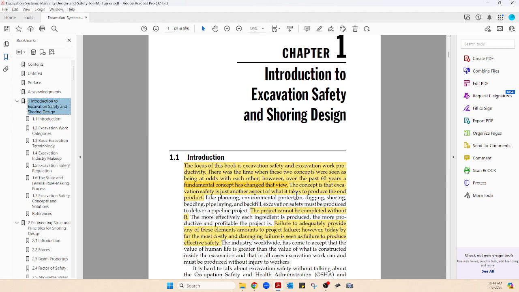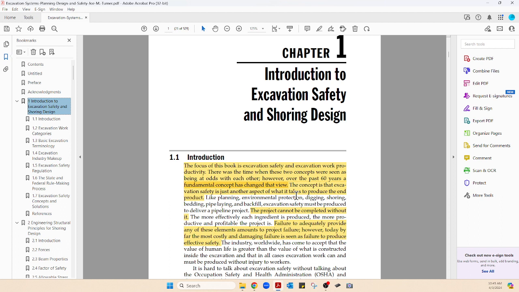Now let's stop for a minute here. I'm not going to take up all day trying to introduce you to this book, but there you go, right there. The concept is that excavation safety is just another aspect of what it takes to produce the end product.